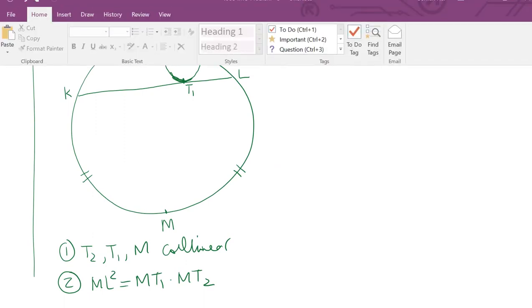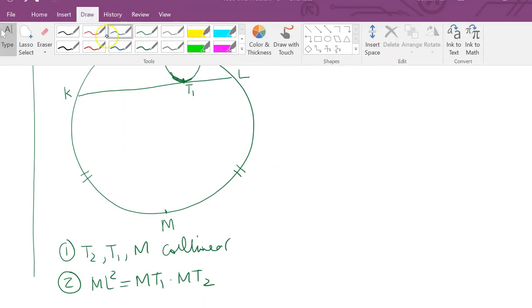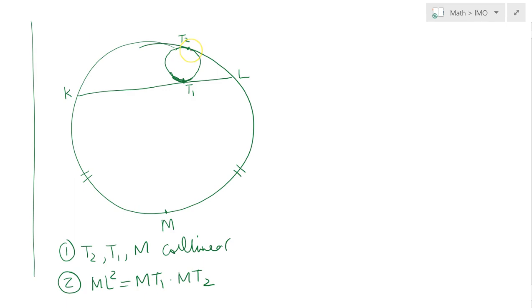So let's start with the first one. Why would these 3 points be collinear? The reason is simple. There is a dilation which would take the little circle here to the big circle, and this can clearly be seen by connecting the centers.